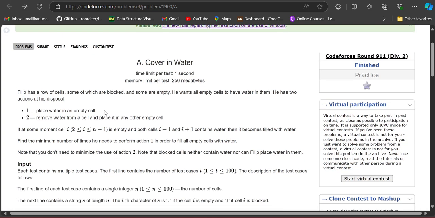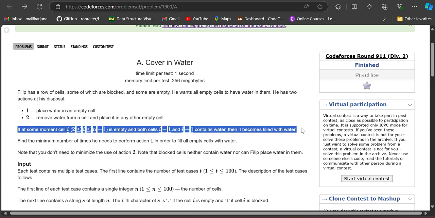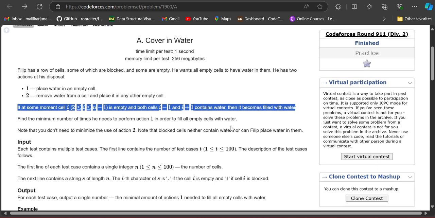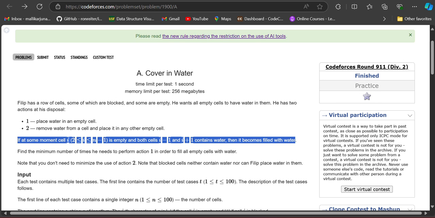We have to know how many times we are using one operation here, and it all depends upon this line, right? It's a kind of feature. If this feature is satisfied, we have to print only the answer 2 as output. Otherwise, we have to print how many empty cells there are, right?